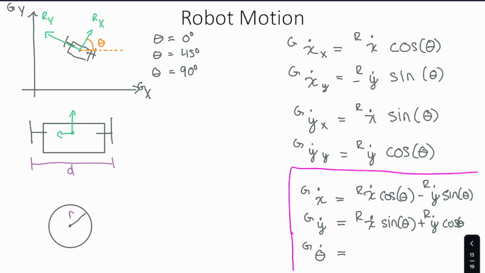And you can picture we could actually scoot this robot along these two directions without actually rotating it at all. So there's no contribution from either x dot or y dot in the r frame.